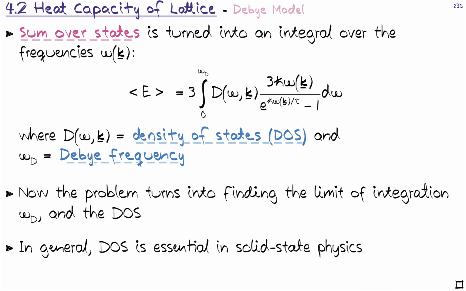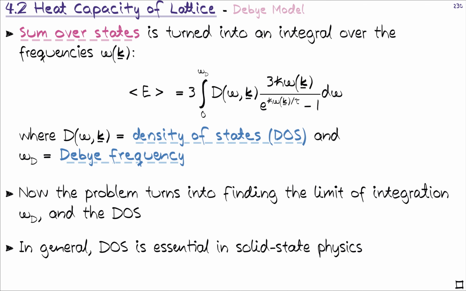And now, this is the first part, that we now have a functional form for the mean energy. What we do next is that we will first find out the density of states in a three-dimensional case, so that we will find out what exactly this form is, and then we will proceed in making the calculation, finding out the Debye frequency, so that we can actually get a functional form for the mean energy.